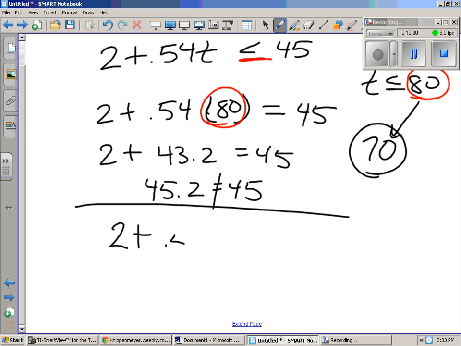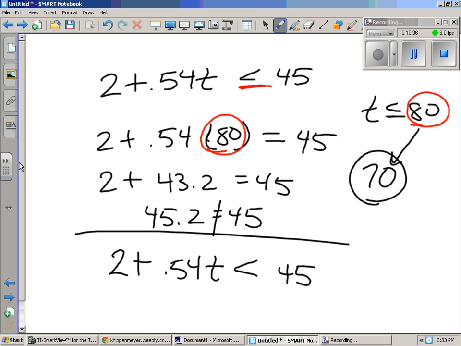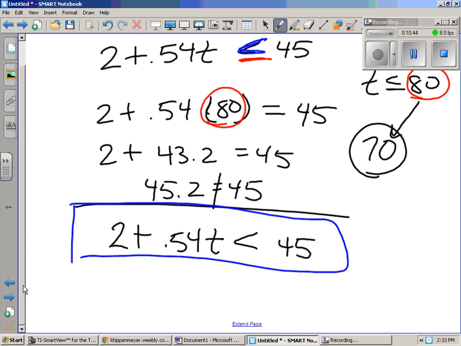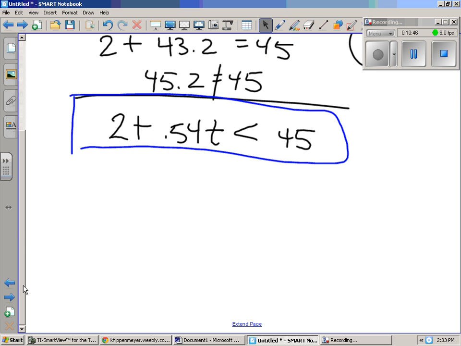2 plus 0.54t, and in this case, I'm focusing on the area where it should be less than 45. So we'll highlight this part in blue. I'm looking at the blue part when I complete this inequality. So I plug in, not 80, I plug in 70.